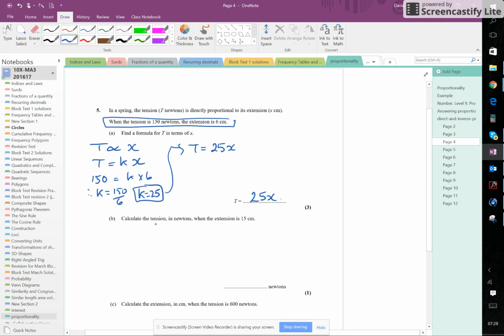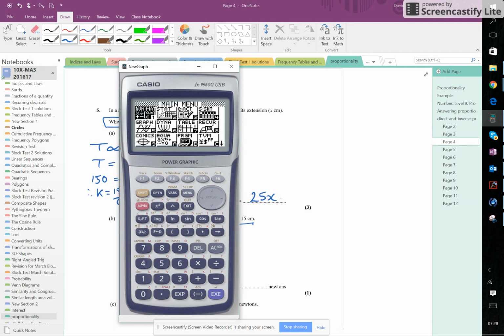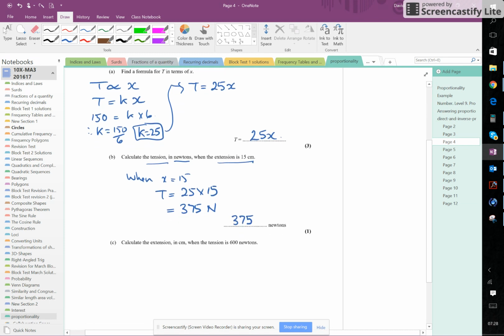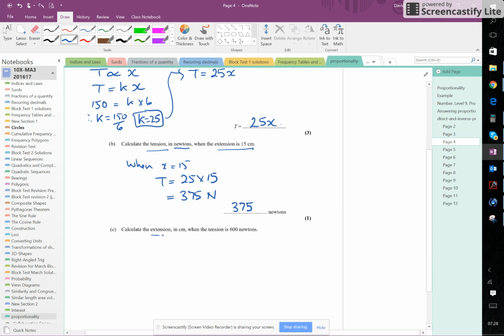Calculate the tension, calculate T when x is 15. So when x is 15, T is 25 times 15. I'll do 25 times 15. 375. And it's newtons. Calculate the extension, in other words, calculate x when the tension is 600.